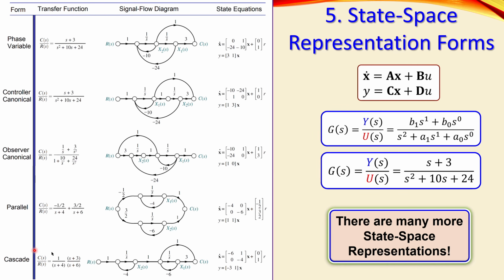Or it can be a cascade of two first order systems which are multiplied, and then that will again be converted to another state space representation. So you can see these 5 state space representations are all different, but have the same transfer function, which is of course very important.